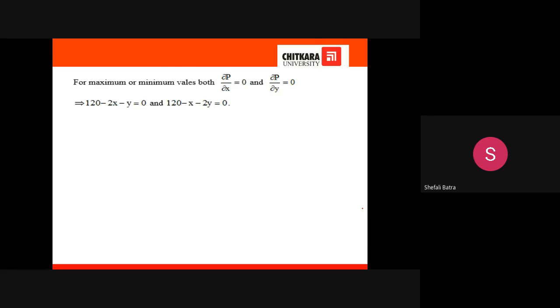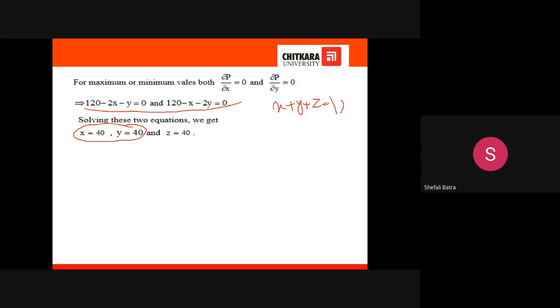Okay. So this is the condition: px is equal to 0, py is equal to 0, and after solving these two equations, you will be getting x is 40 as well as y is 40, right? And we know that x plus y plus z is equal to 120. So in that case, z will also be 120 minus 80, that would be 40.